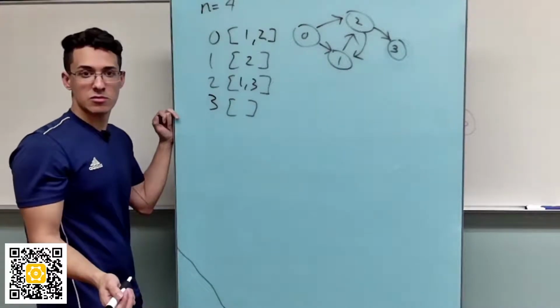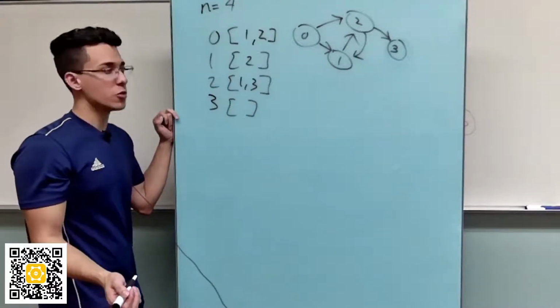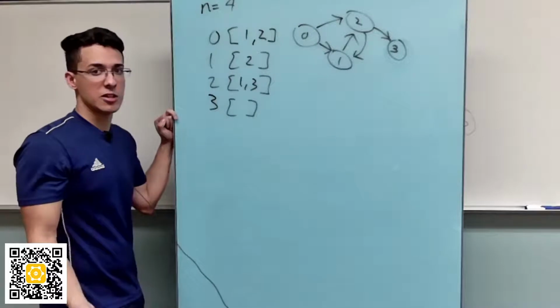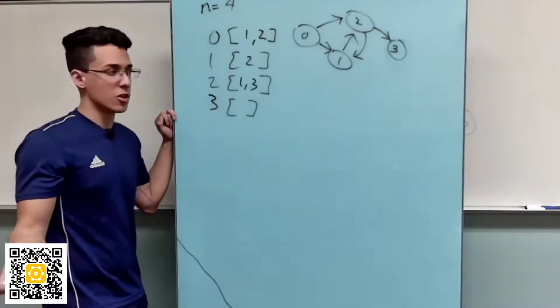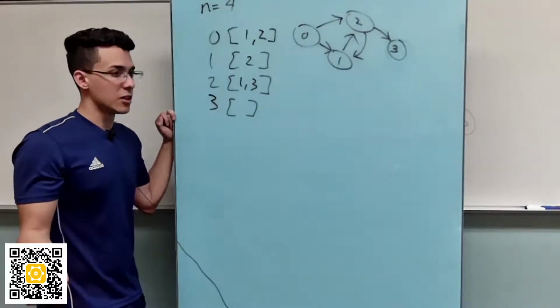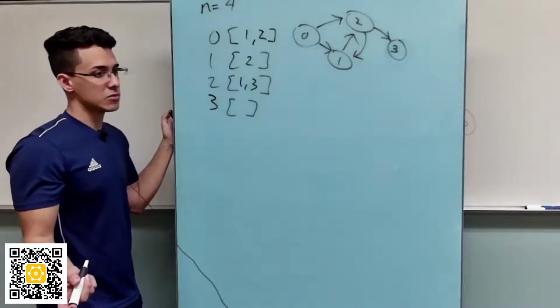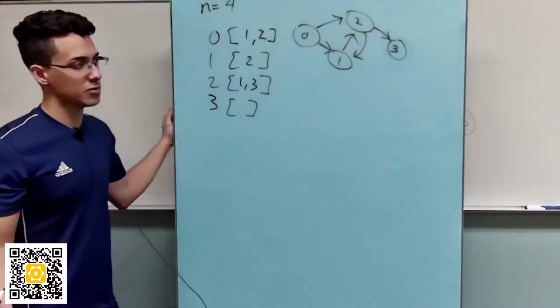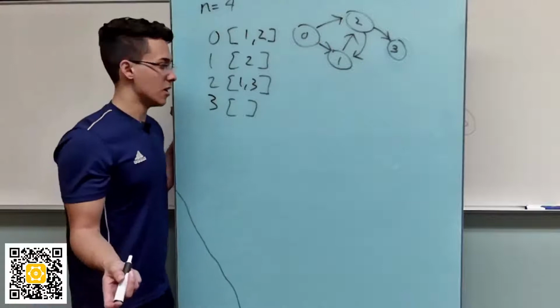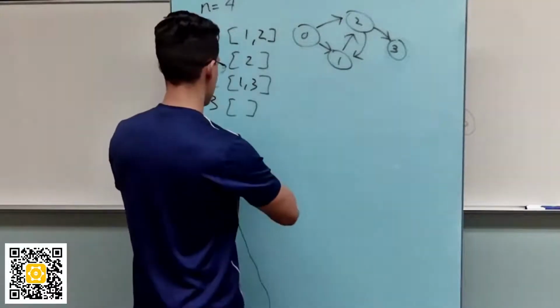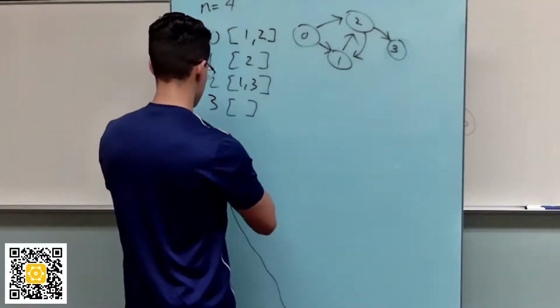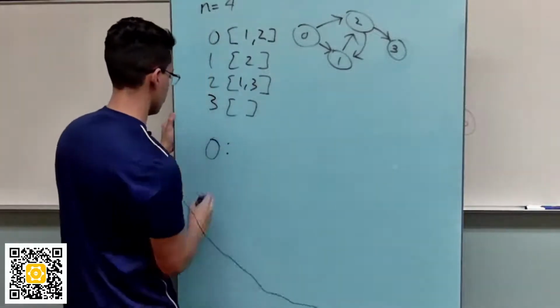What we do is start with 0. So do we add 0 to a set, like I've seen it, a DFS, so we can color it? I'm going to do 0, 1, 2, and say all of them are unexplored at first.